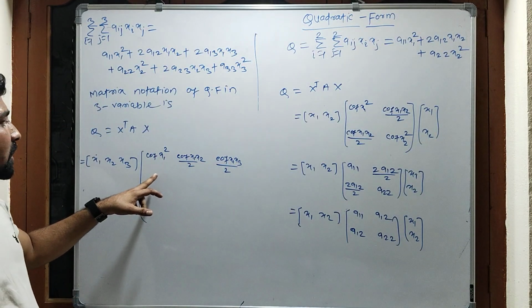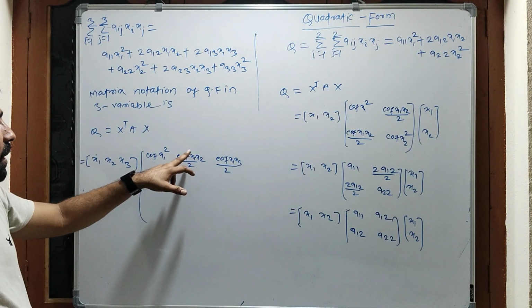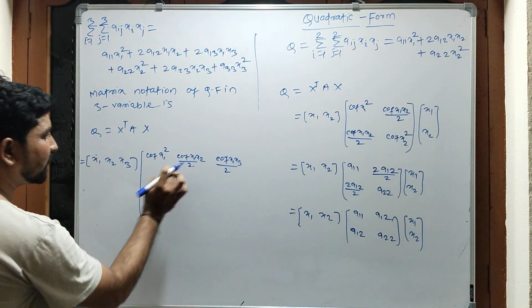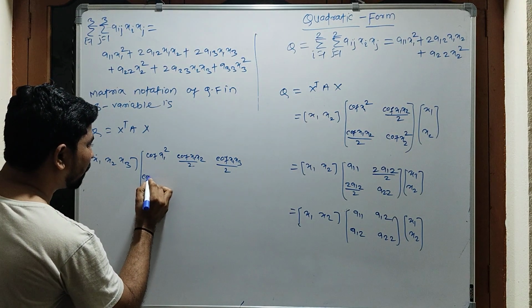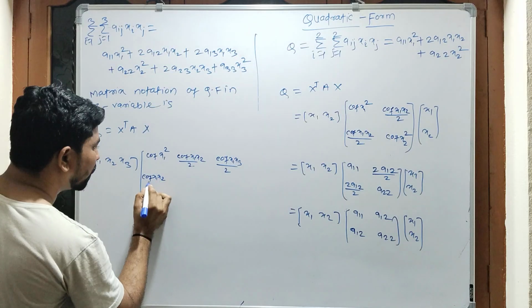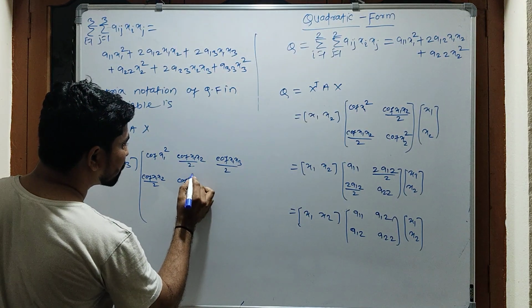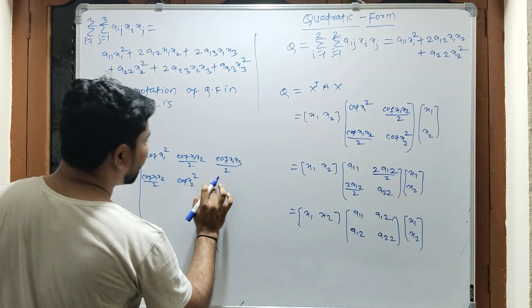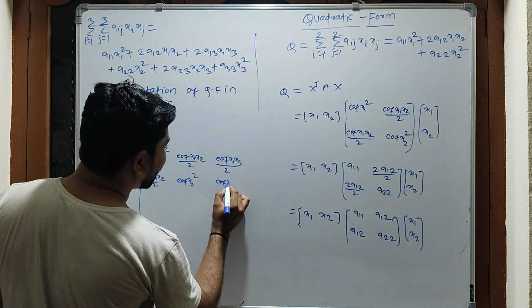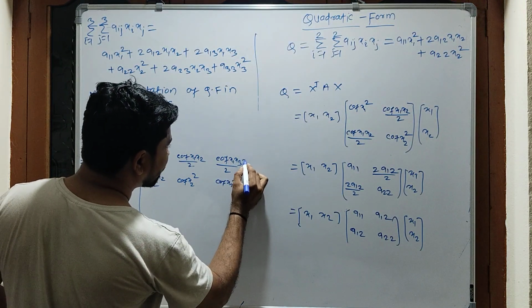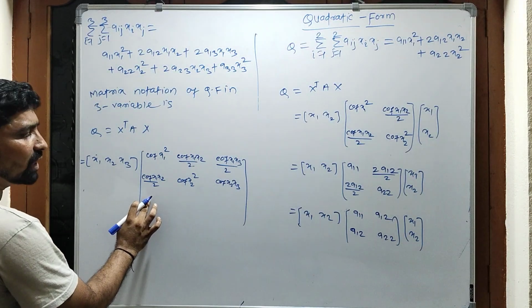Now this is the a21 position. Here a12 is same as a21, so write this as it is, coefficient of x1 x2 divided by 2. Then coefficient of x2 square. Here write a23, coefficient of x2 x3. Now this is the a31 position.